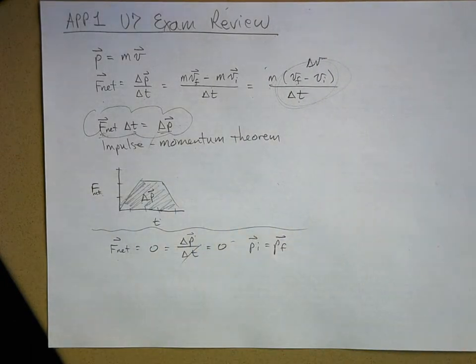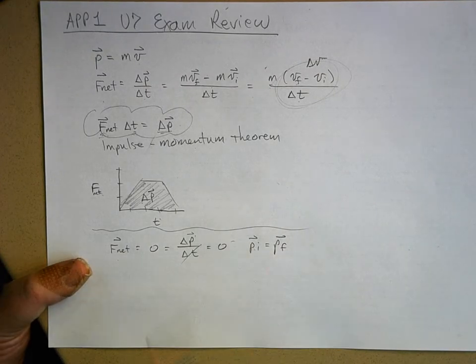So if you've got a system of objects where there is no net outside force acting on that system of objects, then the total momentum is conserved. This is conservation of linear momentum. So, the initial momentum equals the final momentum when the net force equals 0.